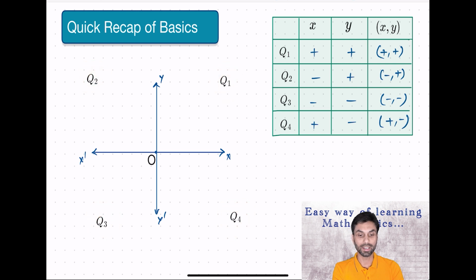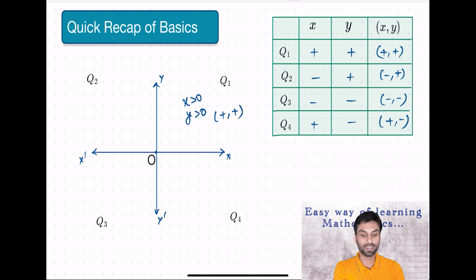And in these quadrants, we also know what the signs of the coordinates will be. As we know, any point is denoted by two coordinates, that is, the x coordinate and the y coordinate. So in the first quadrant, x will be positive as well as y will be positive. That means it will be positive, positive.